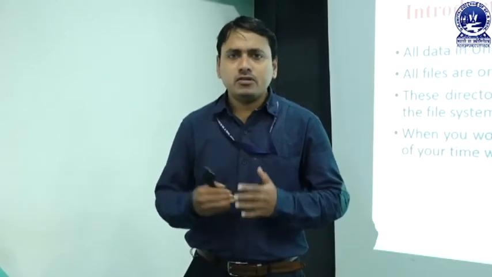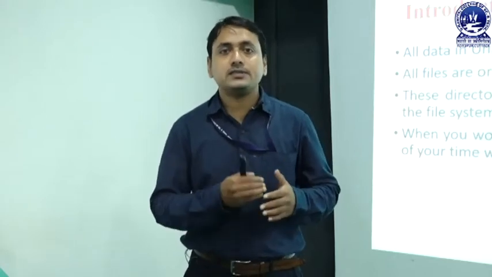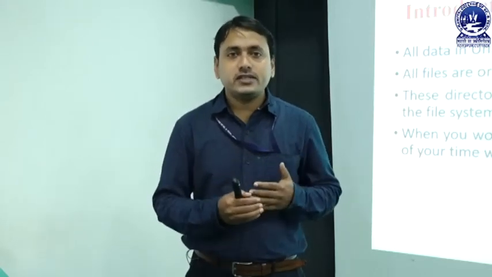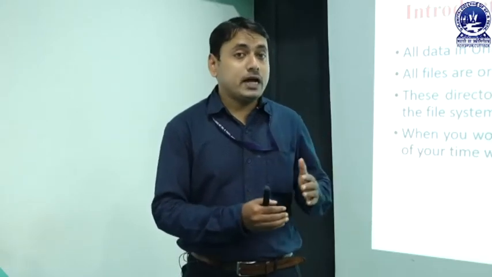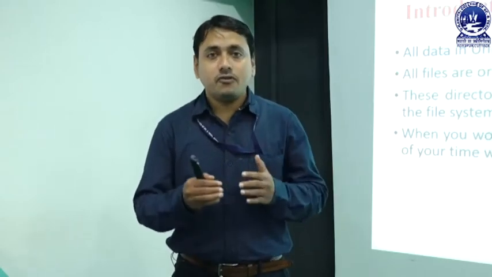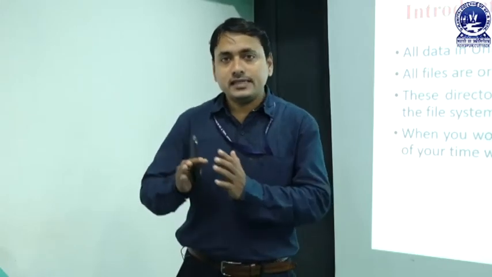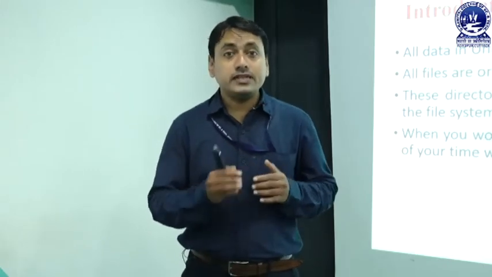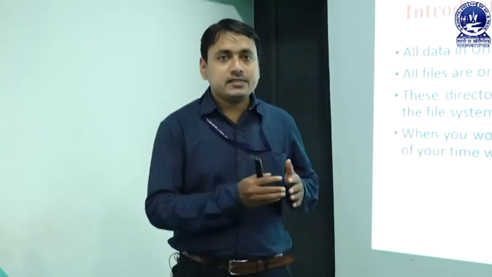We have more than one file, and those files must be properly structured through UNIX. Those files must be stored in specific directories, and directories are also known as folders. And whenever we store files in a specific directory, we also need to organize those directories in our UNIX management system.